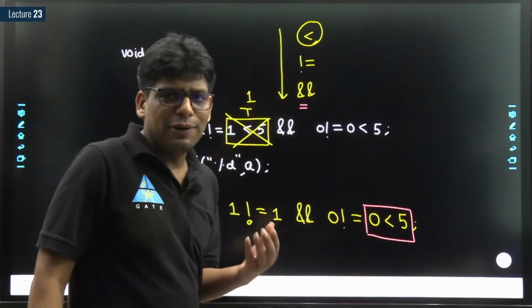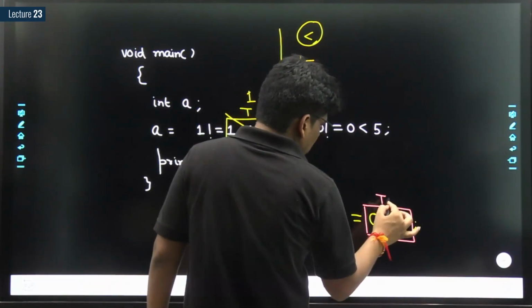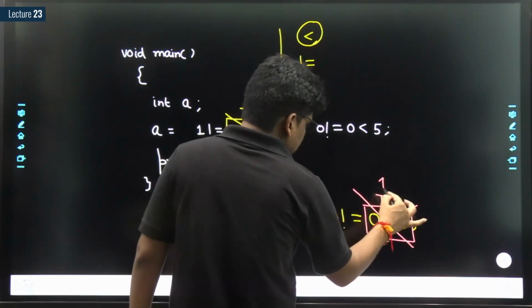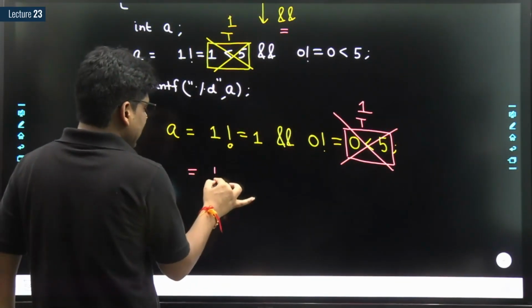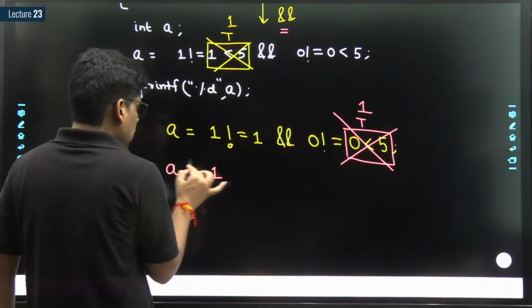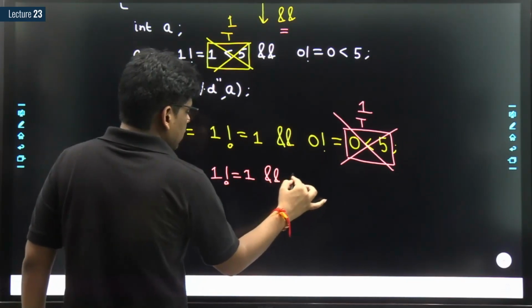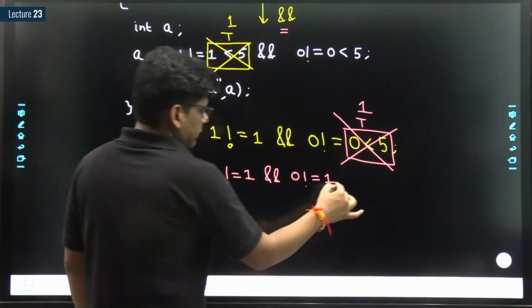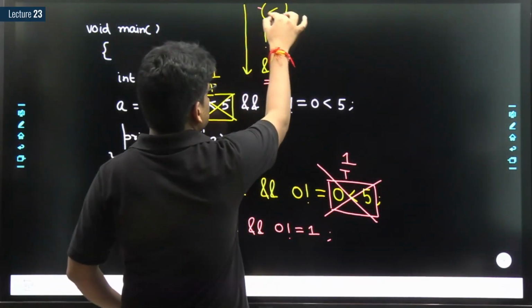Yes, sir, it is true. That means this statement is true, and that is why the output of this can be replaced by value 1. Let me again rewrite the entire expression: A is equal to 1 not is equal to 1 and 0 not is equal to 1. Now, sir, the task of relation is finished.